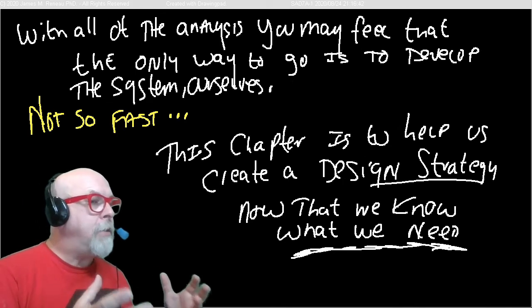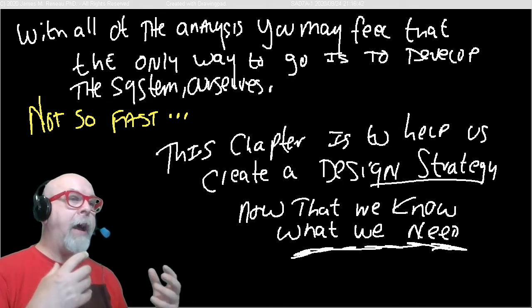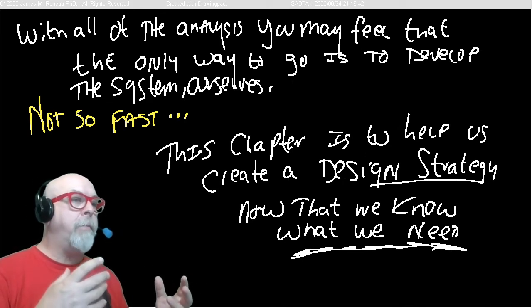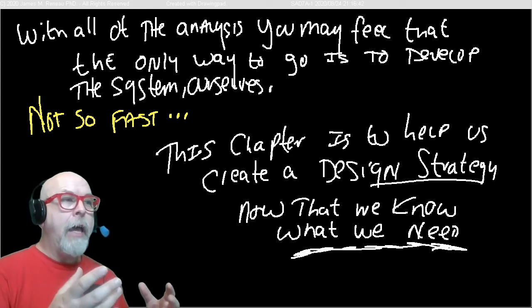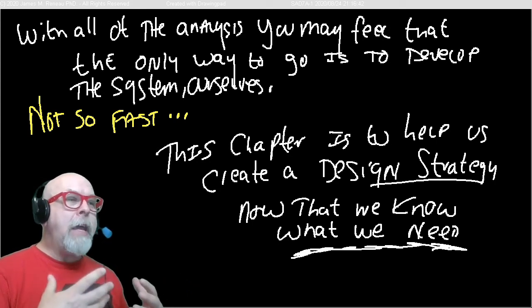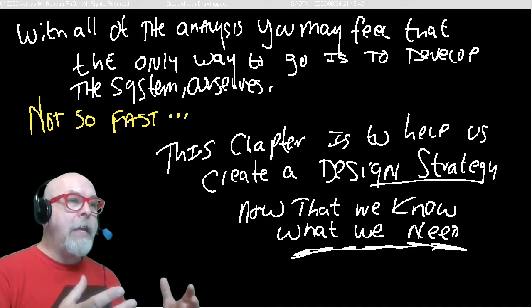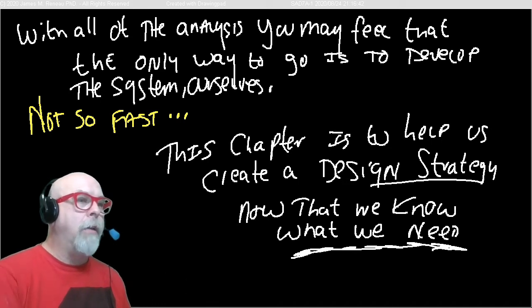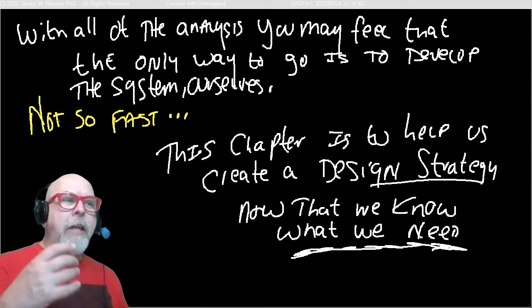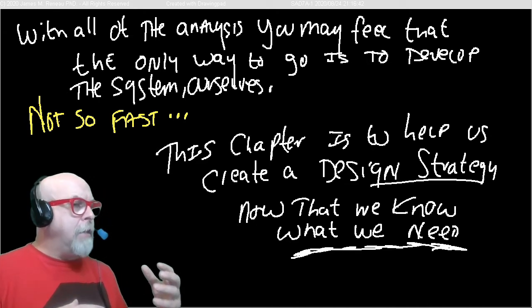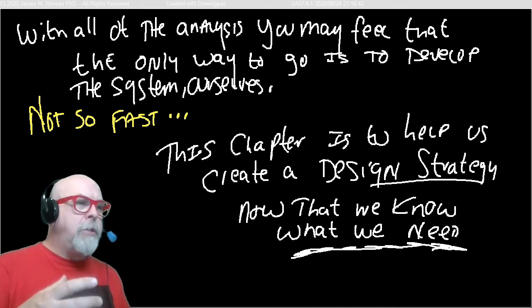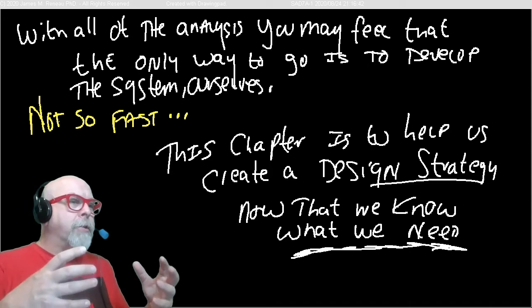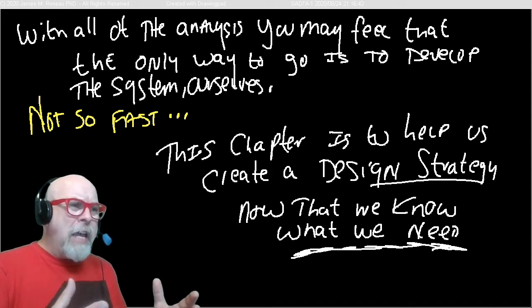For the first 6 chapters, we've been talking about project selection and analysis. And at this point, you and your team and everybody may think, well, we've done all this analysis. We've got these data flow diagrams, these entity relationship diagrams, these use cases, these use case models. Why don't we develop it ourselves?